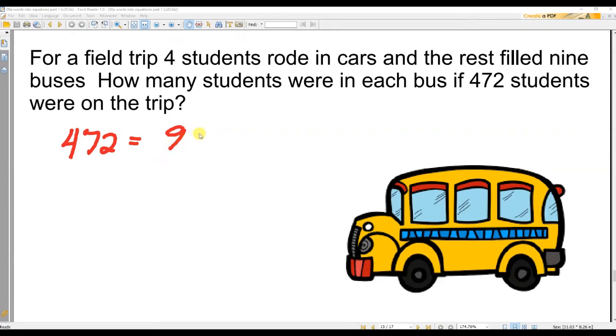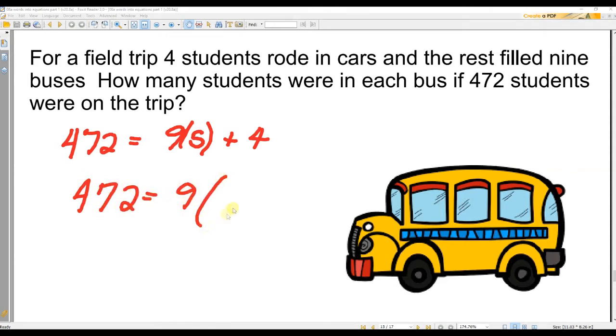And we'll go with S for students per bus, plus the 4 kids in a car. I don't like that variable S, but we're using it. So 472 equals 9 times the number of students per bus plus 4. That models it.